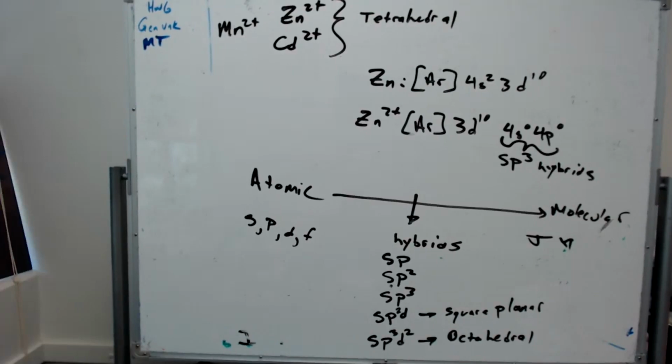But what we're going to find out pretty soon as we move on to ligand field theory today is it gets us the geometry, but it doesn't get us the energy levels correctly. So we're going to fix it by doing ligand field theory to get the energy levels. And then we're going to realize that it doesn't fix it entirely in a predictable way. So then we're going to say, okay, let's just do molecular orbital theory and get it right.